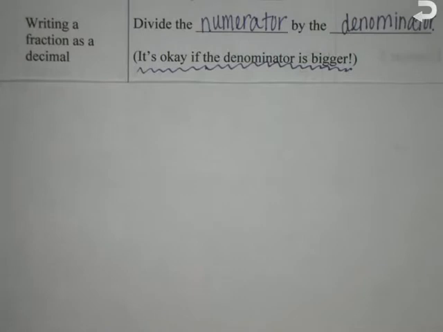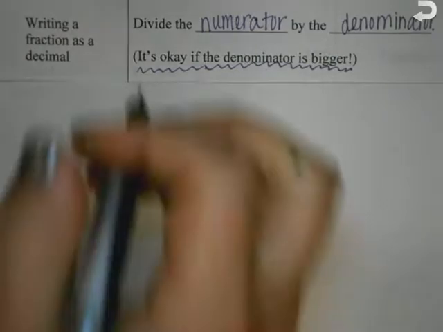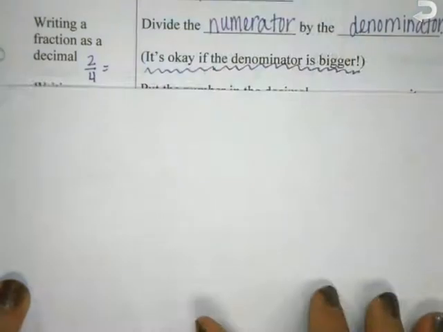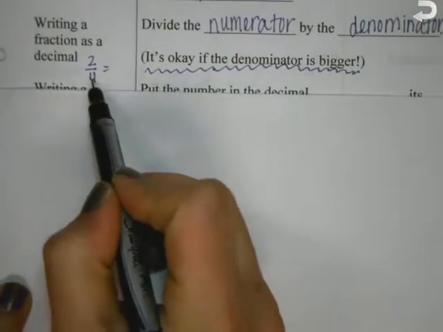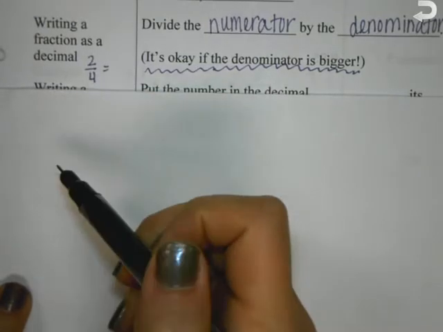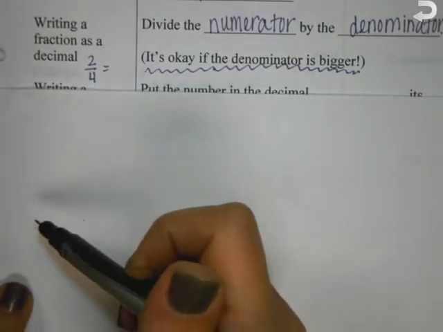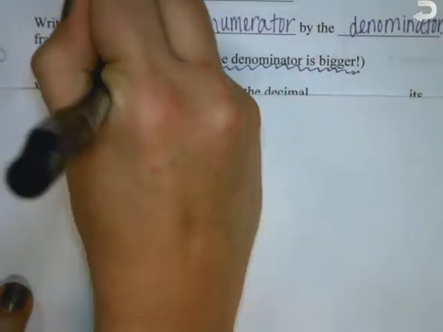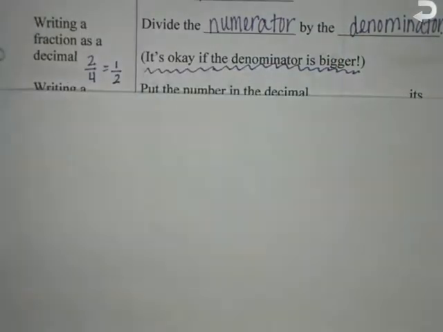Okay, 2 over 4 does not mean 4 divided by 2, right? 2 over 4 means we have 2 divided by 4. So my answer is going to be what? 1/2 or 2? 1/2. Okay, 1/2 and not 2. So we are dividing the numerator by the denominator.